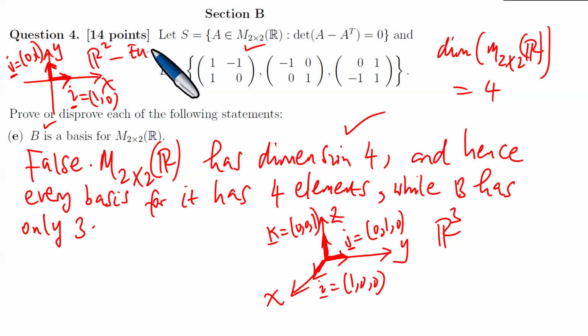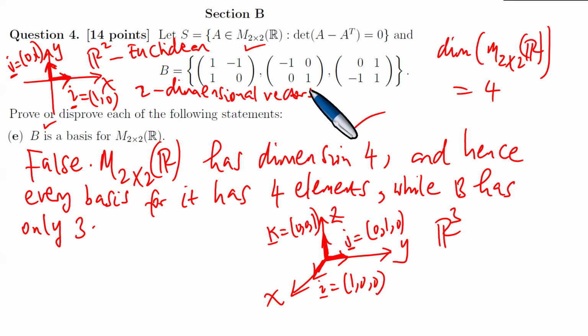We call it the Euclidean two-dimensional vector space. We're interested in what these bases are: we want to be able to find a set that can produce all the elements here. You get the point?